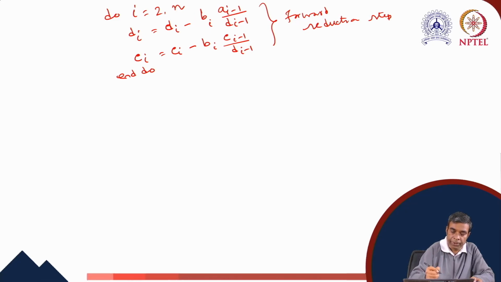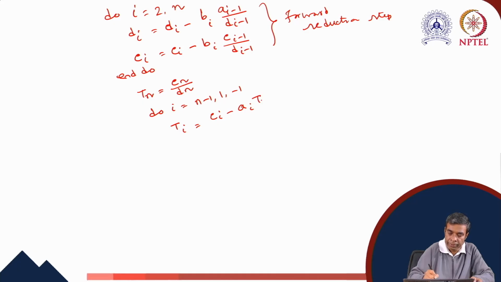So this is bi and the back substitution is Tn equals Cn by Dn, do i equals n minus 1 to 1 in steps of minus 1, Ti equals Ci minus Ai Ti plus 1 divided by Di, and do.